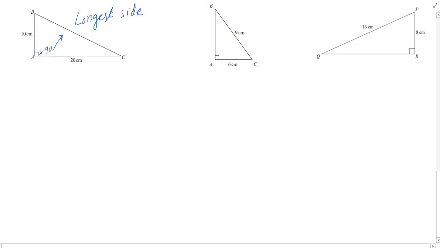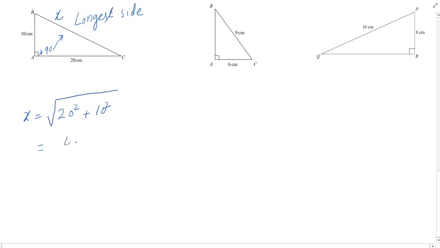Okay, so when you need to find the longest side, let's say this is x. What you need to do is write x here, then you write 20 squared plus 10 squared, then square root it. That's it.